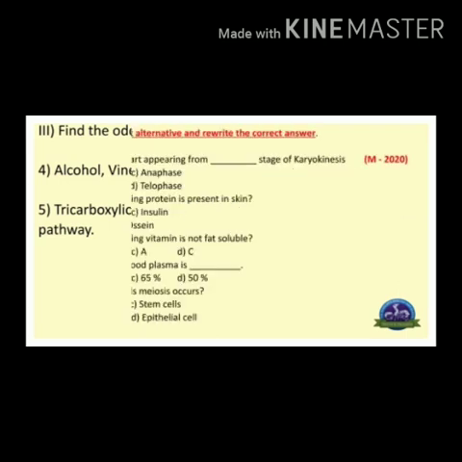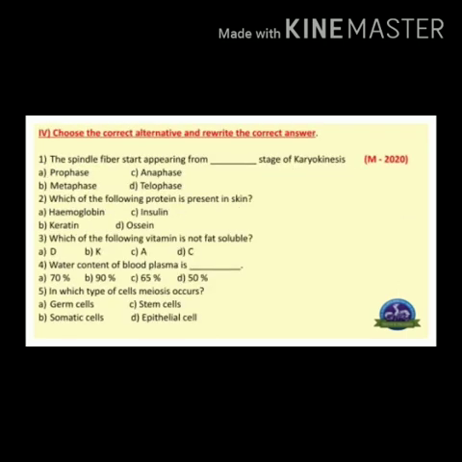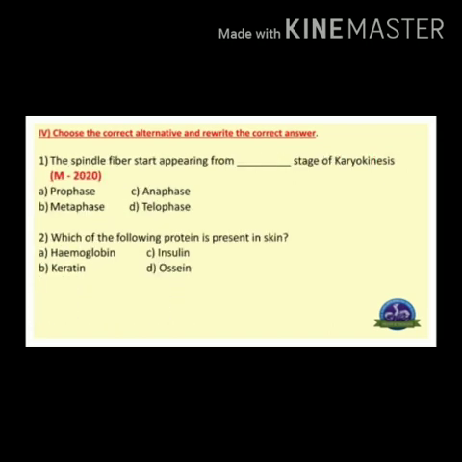Now let's see question number 4. Choose the correct alternative and rewrite the correct answer. Read first question. The spindle fiber starts appearing from dash stage of karyokinesis. Options are option A, prophase, option B, metaphase, option C, anaphase, option D, telophase.